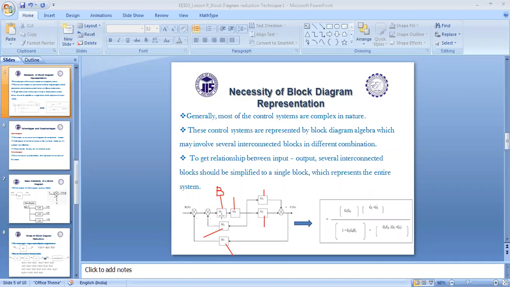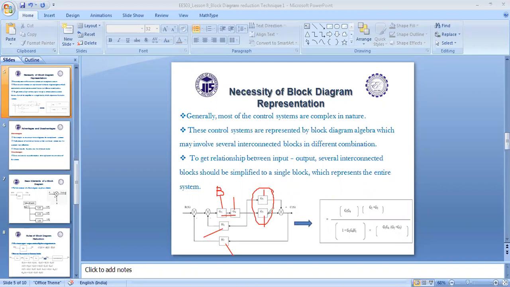See, these two are connected in series. These two are connected in parallel, and so on. So these are the possible combinations of block diagram representation.